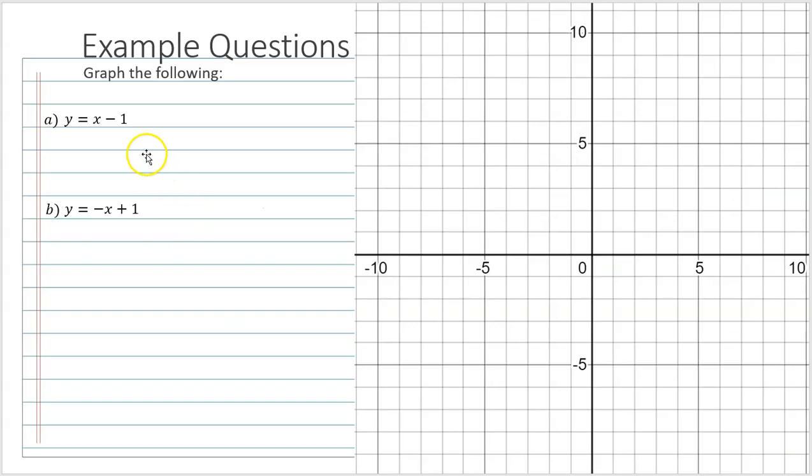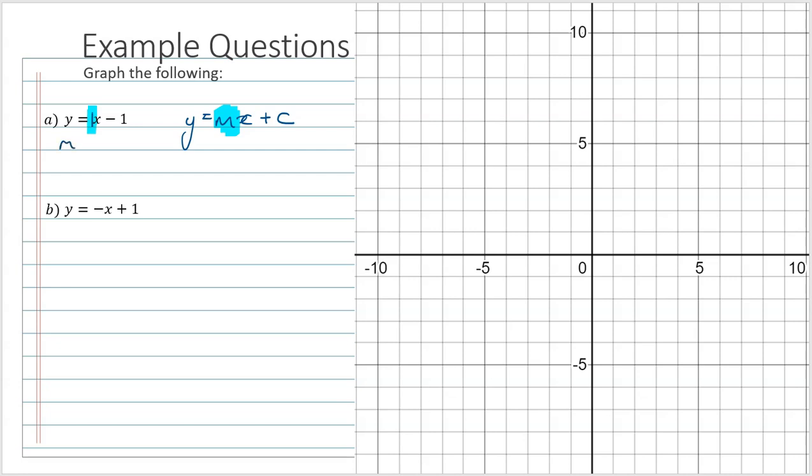Now jumping into some graphing examples, consider y equals x minus 1. If we use the form y equals mx plus c, the value of m is going to be the coefficient in front of this x. Now notice that because it's simply x, there's an implied 1 in front of it.